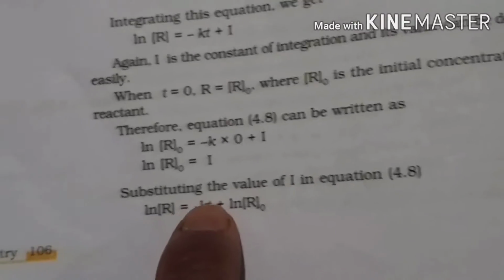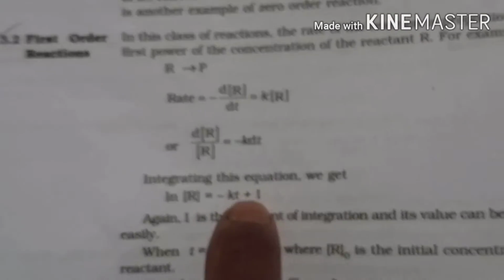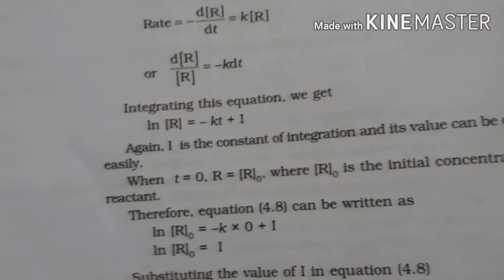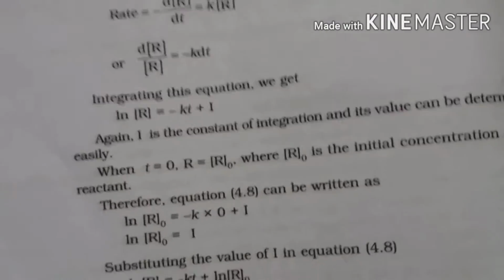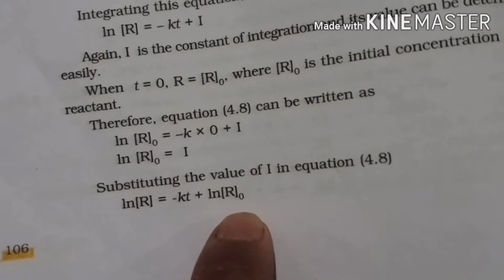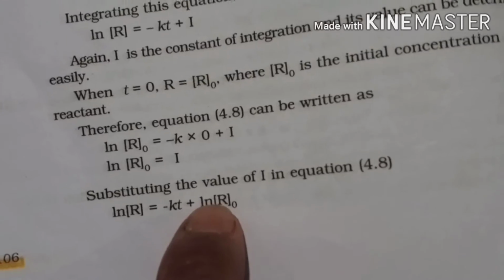Substituting the value of I in equation 4.8, we get ln R equal to minus kt plus ln R naught.